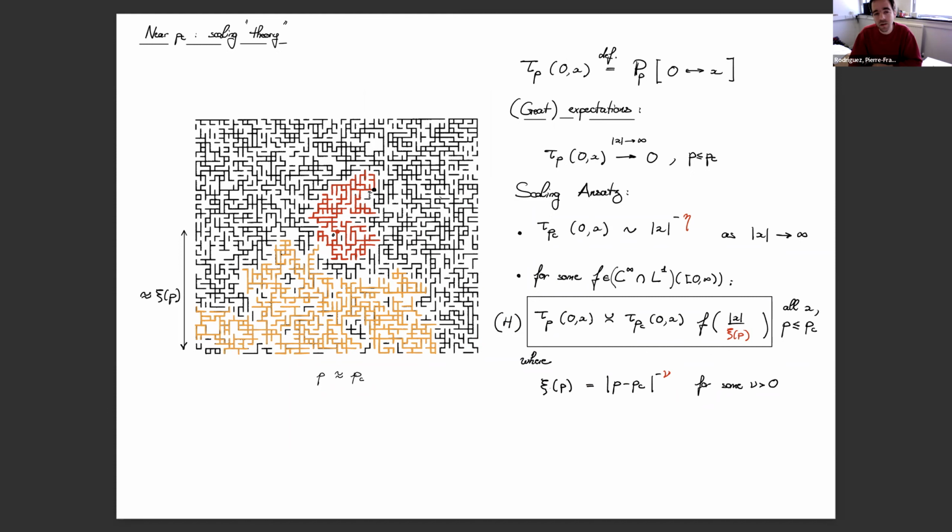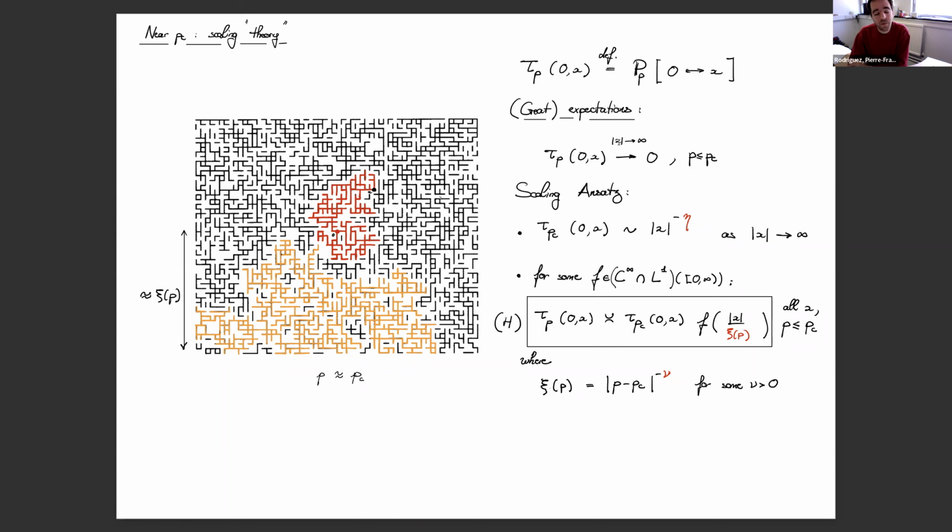Here is 0, and you think of x as a faraway point, and you're especially interested in this when x recedes to infinity. The intuitive picture that you get from the pictures I just showed you is that at all p, including the critical point, this 2-point function should go to 0 as x goes to infinity.